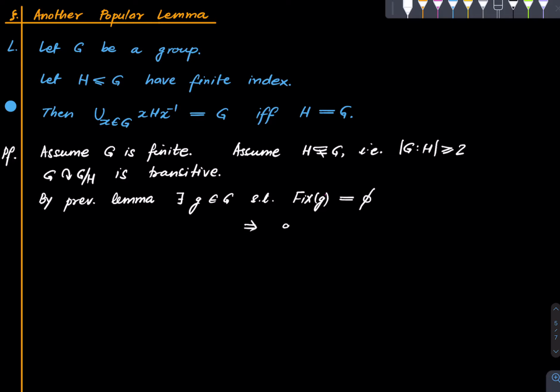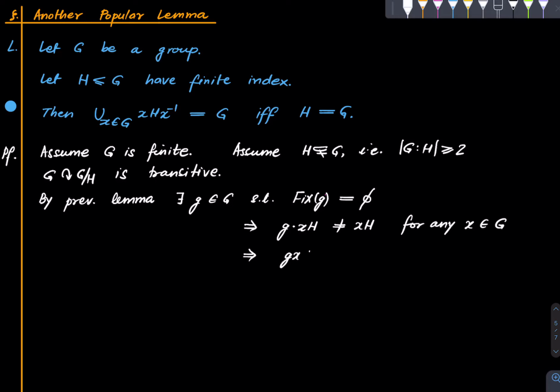Which implies g·xH is not equal to xH for any x in the group. Let me not skip a step.